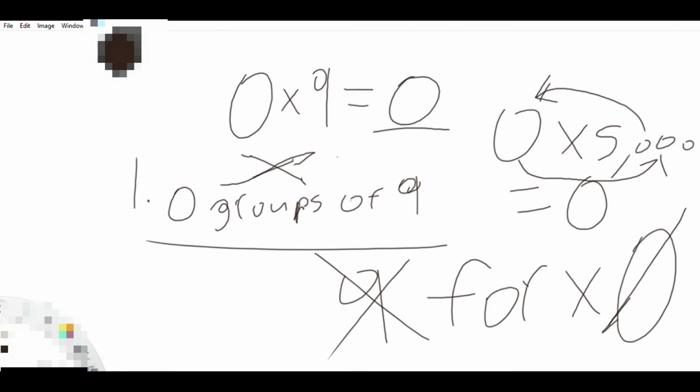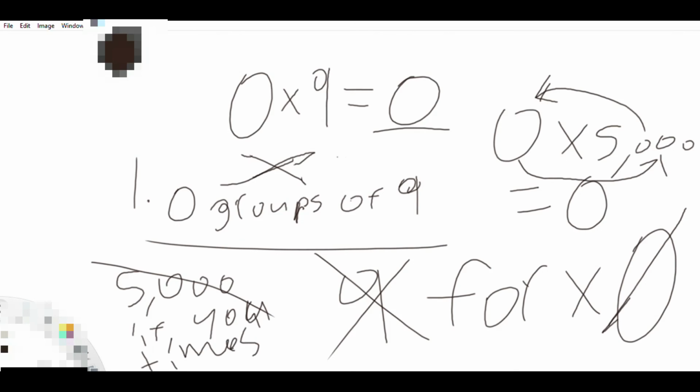So there's no 5,000 if you times 0. There's like 0 5,000s, which is obviously 0.